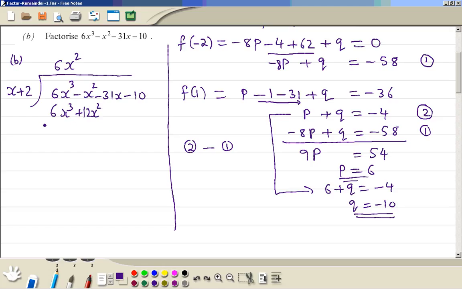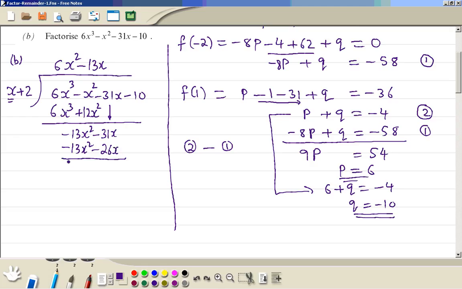Then the remainder, we get minus 13x squared. This term comes down. Now we need to multiply x by minus 13x. So multiply everything here by minus 13x. Here you get minus 26x.